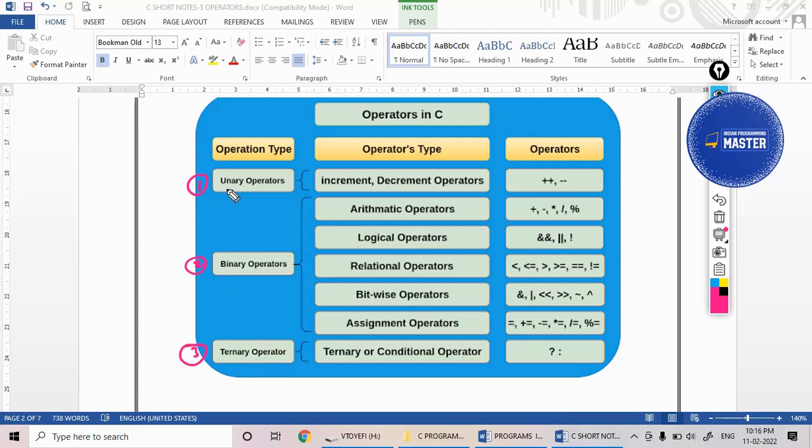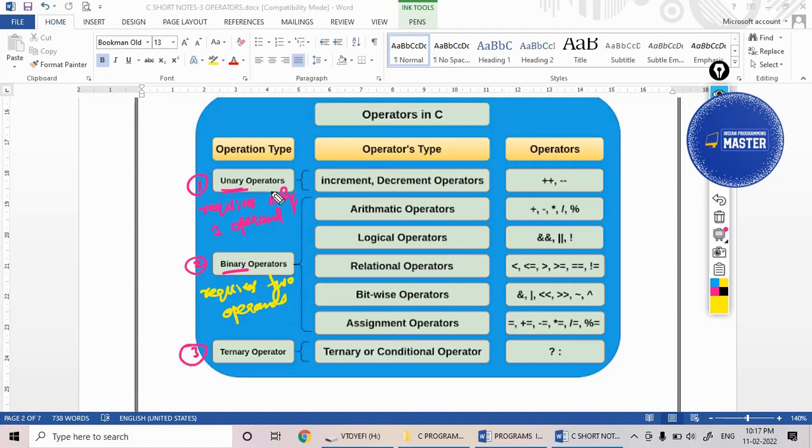What is meant by unary? Unary means one, so the operation requires only one operand, whereas binary means two, which requires two operands.